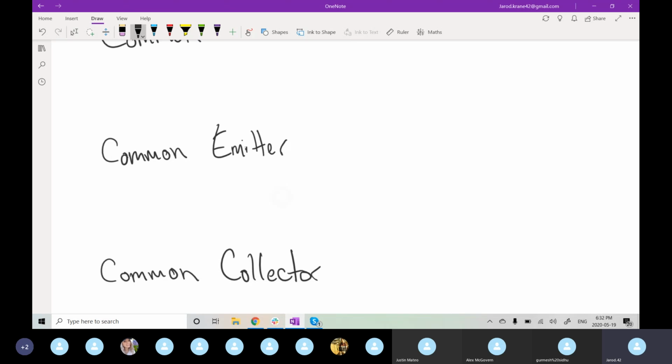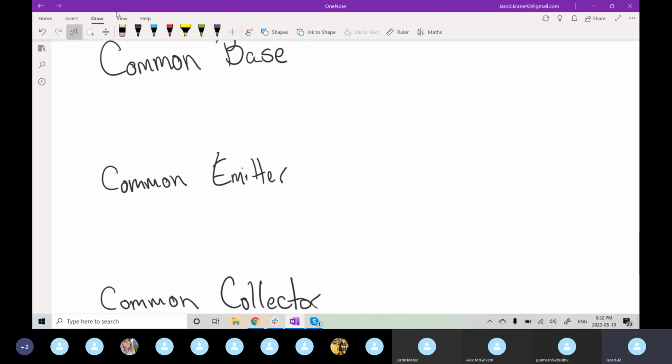Now, what these are basically is how, or what pins are shared between input to output.